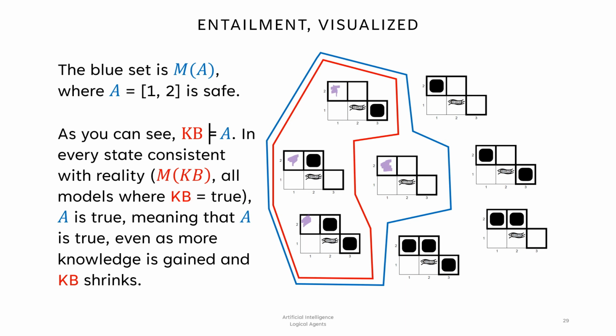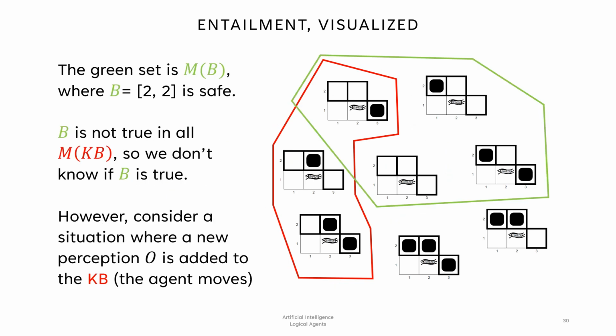For now, as we have multiple models that fit in our knowledge base, we know that the knowledge base entails A, because all of the models of the knowledge base are also models of A. And that looks like where we're going to pass off to future me, or past me, rather.